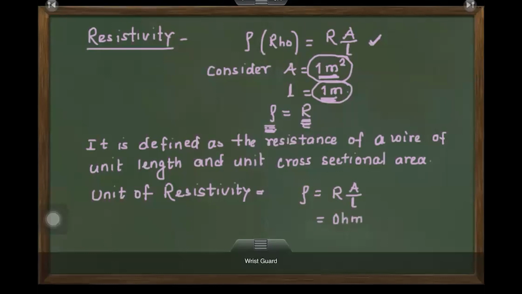What is the unit of area? You know, meter square. What is the unit of length? Meter. One meter will cancel from the meter square. And what will be the unit? Ohm meter. So the unit of resistivity is ohm meter.